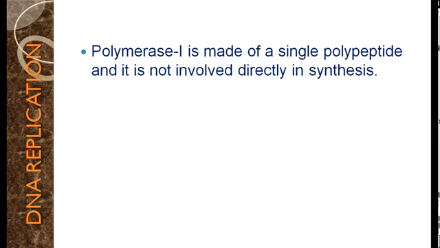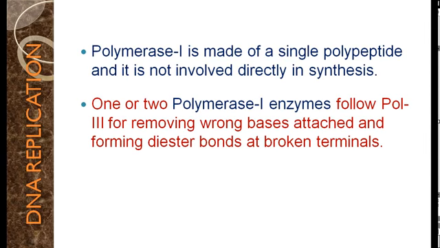If they find any mismatch, any wrong pair, they remove it. That means if A is not attached to T but is attached to C, then polymerase 1 will remove C and allow pairing of T. So wrong pairs are removed and the right base is allowed to come to that point.